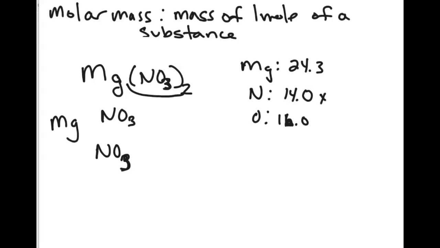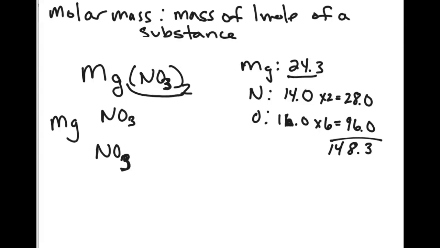So we're going to do N times 2, which is 28. And we're going to do O times 6, which is 96. And then I'm going to add this in my head. I believe it's 148.3. I hope it's 148.3 with my math in my head.